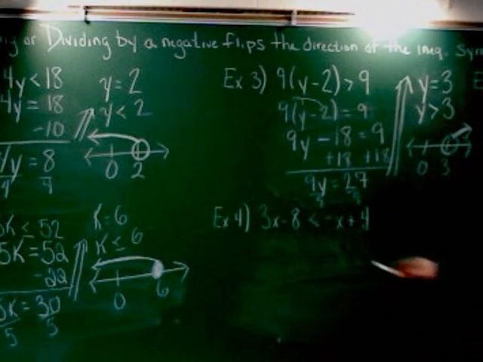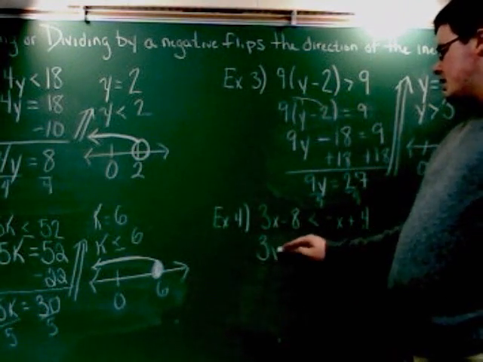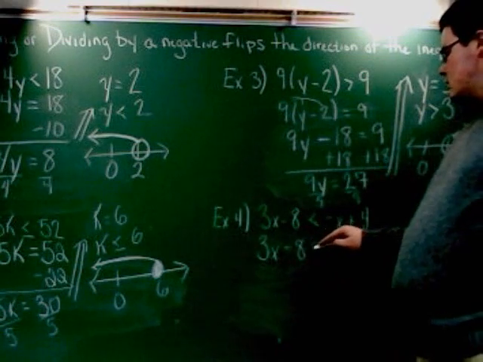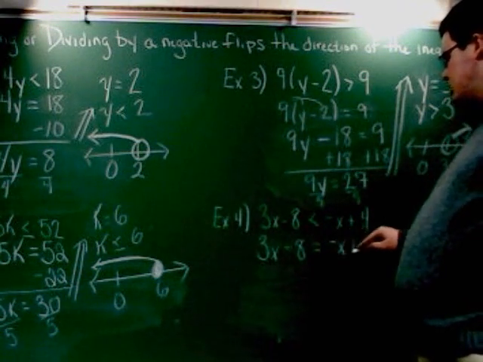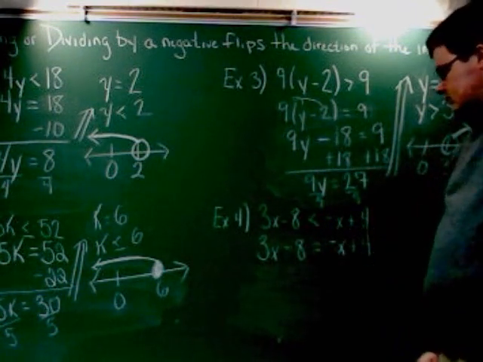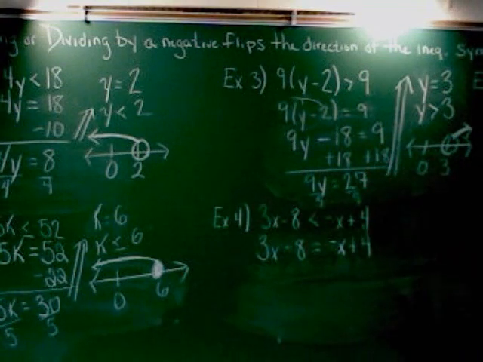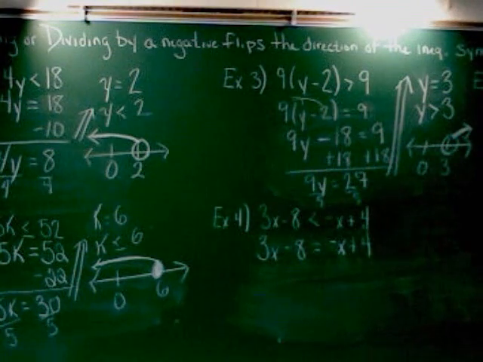All right, so we're going to change it to an equal sign. 3x minus 8 equals negative x plus 4. I've got to move the x terms all to the left side. I've got to move the numbers all to the right side. And I'm going to do this all in one step so I'm not bouncing back and forth here.